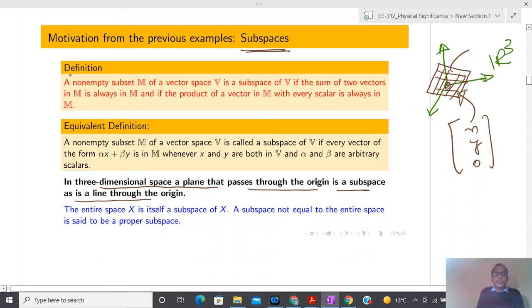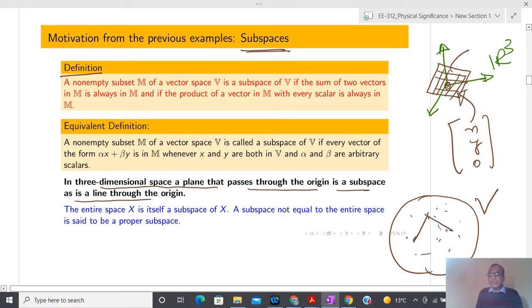So the definition is like this: a non-empty subset M of a vector space V. Suppose I have a big picture, and in this big picture these many vectors form a vector space. Now I am going to look at a smaller picture inside that.